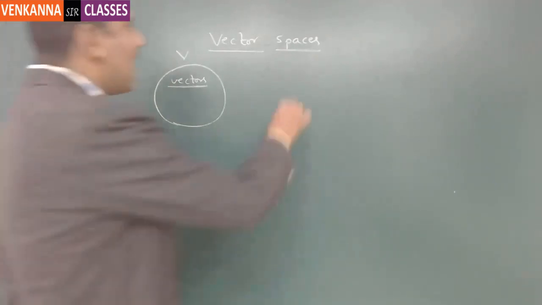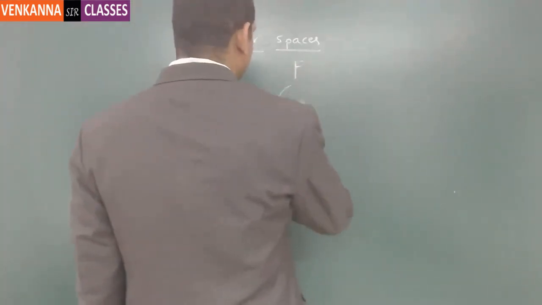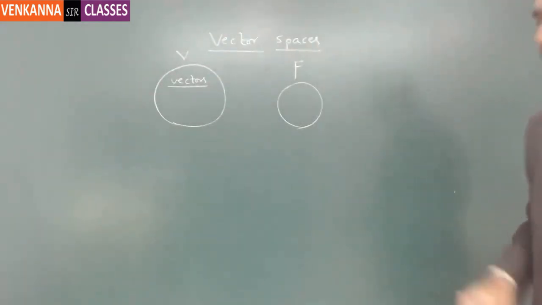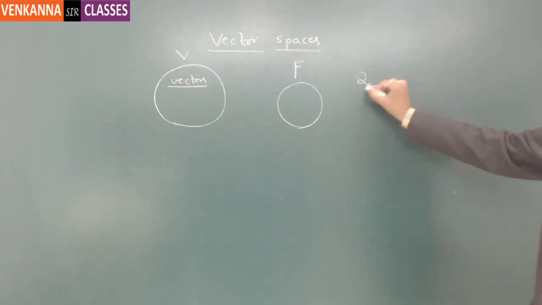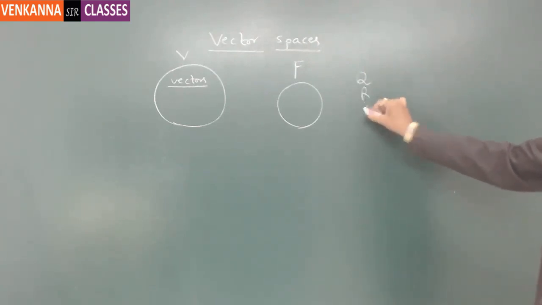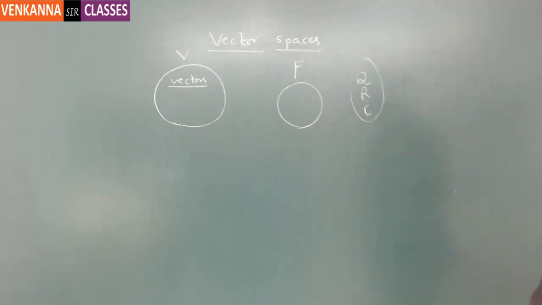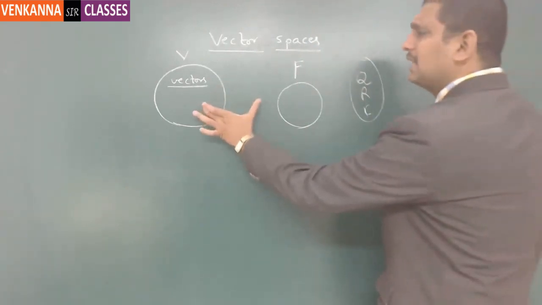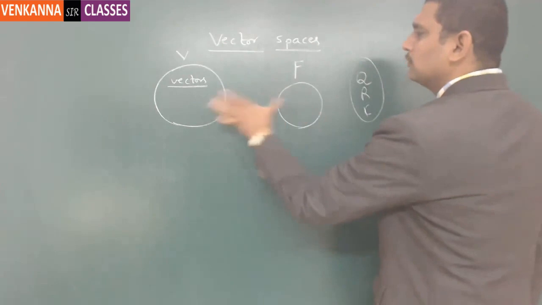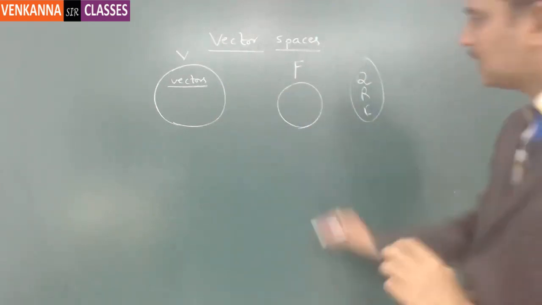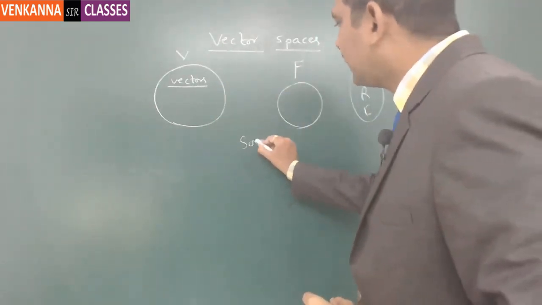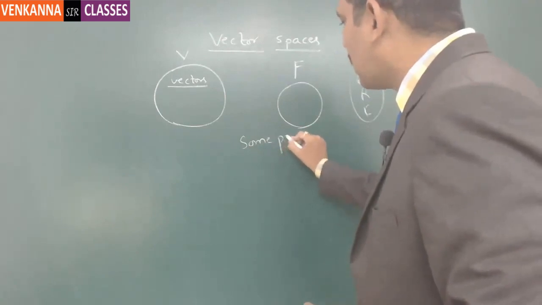Now, I will take a field. Usually you have three fields: rational numbers, real numbers, or complex numbers. You consider any field. Now, comparing the elements over these two, I will check whether some properties are satisfied or not.